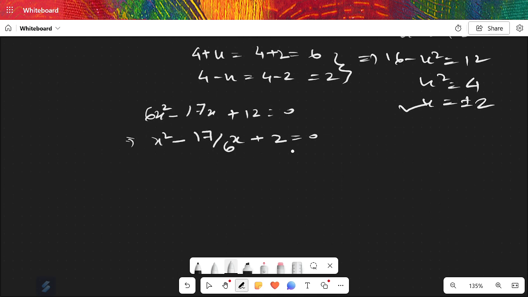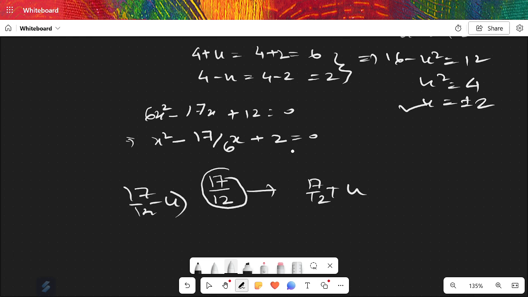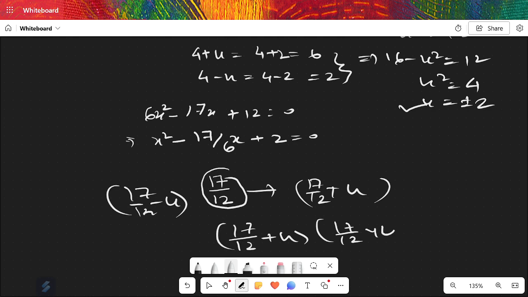Now you just take the middle point of it, like divided by 2, and then make choices like 17 by 12 plus u and 17 by 12 minus u. So these are our choices. And what is the condition? 17 by 12 plus u and 17 by 12 minus u must multiply to equal 2.